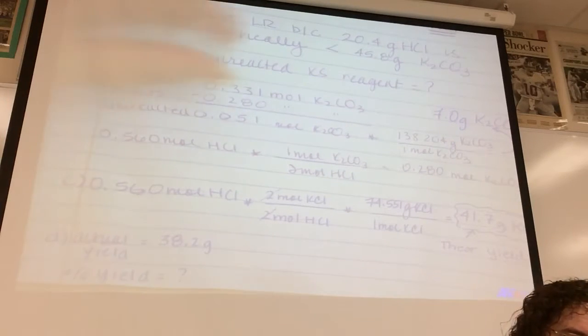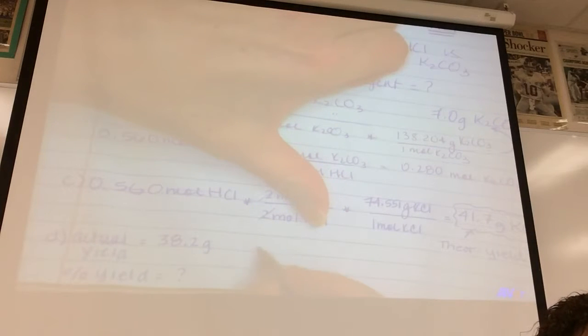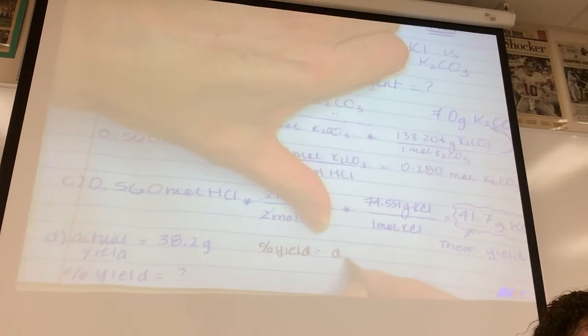We know that percent yield is equal to the actual yield, abbreviated AY, over the theoretical yield, abbreviated TY, times 100.